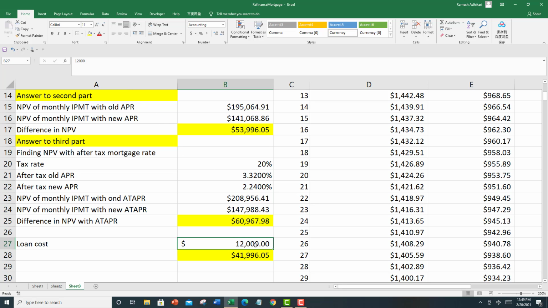This is exactly how you should decide whether to refinance or not. You should look at the total present value of your interest saving, then look at the cost, and look at the difference. As long as the present value of your saving from refinancing is more than the cost incurred by refinancing, then I think that's a good deal. All right, that's all.